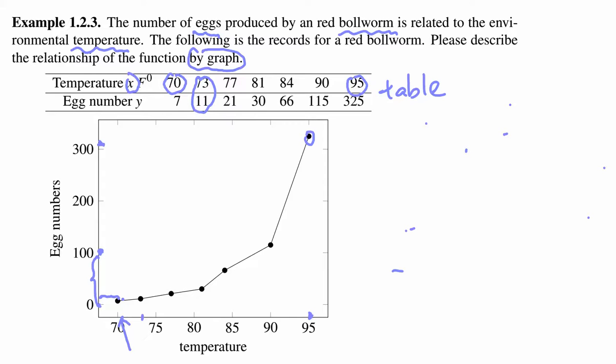And from here we can see the trend. What's the trend? As the temperature increases, the number of eggs gets bigger and bigger. Okay, that's the trend. So the graph is very important.